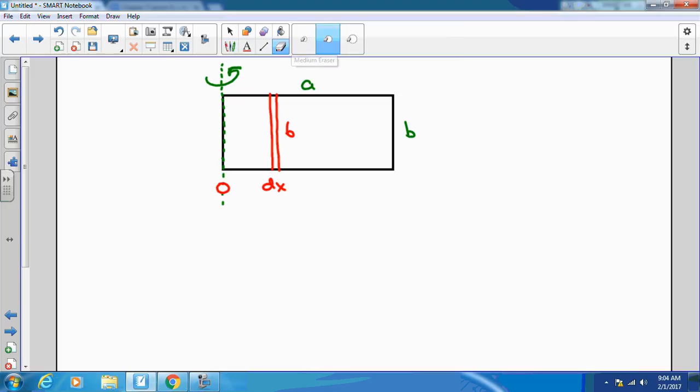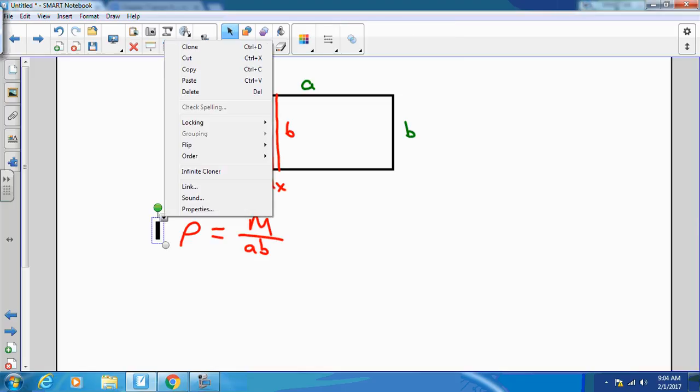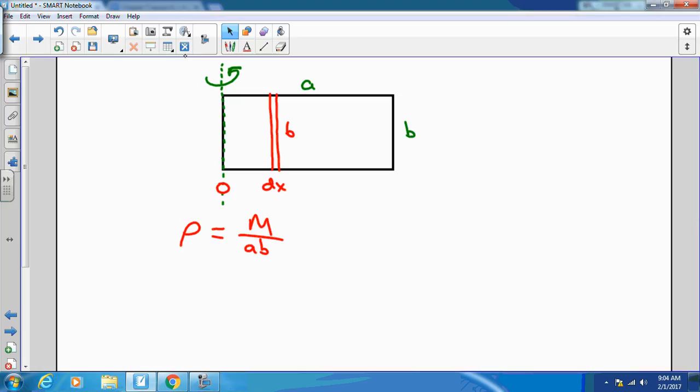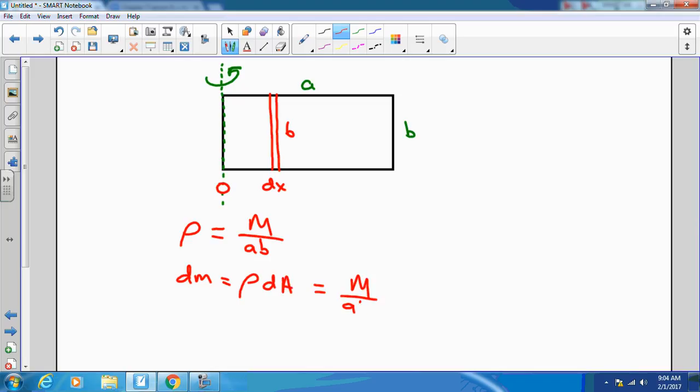So we can say that the density of our plate is equal to the total mass of the plate divided by the total area. And we can say that the dm is equal to density times differential area, which is equal to m over ab times b dx.